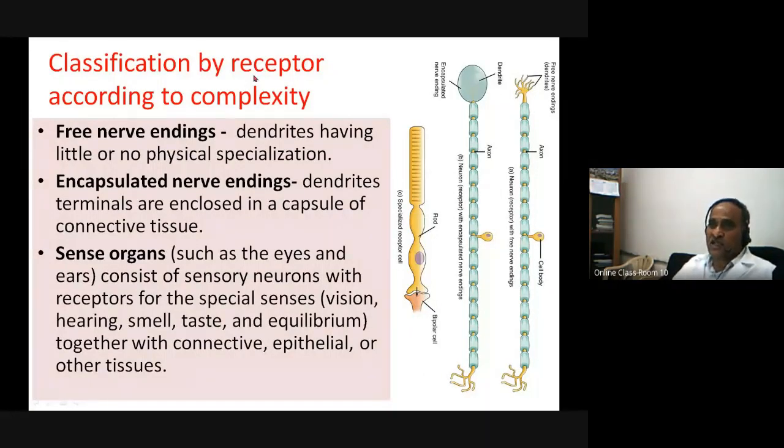So these are the types of receptors, either free, less complicated, or capsulated, more complicated. Why these changes? It is to enhance the ability of the receptors to detect the change or the stimulus.